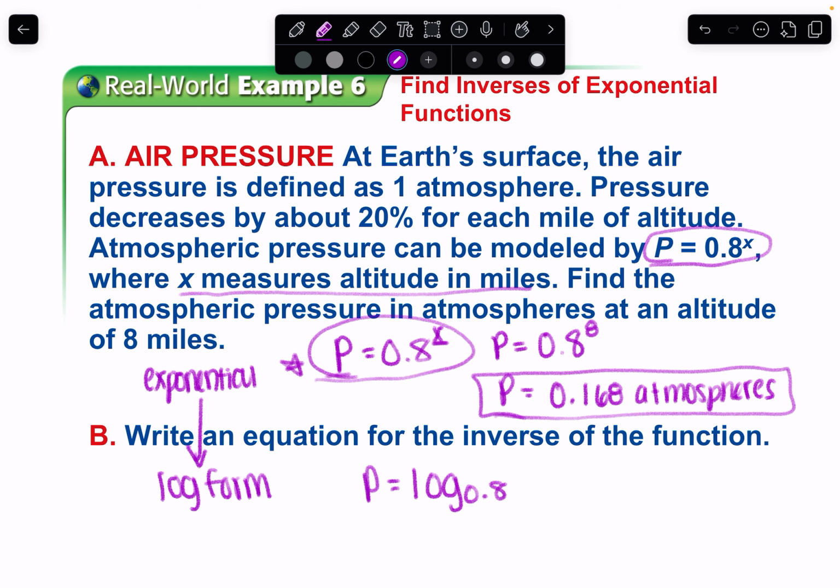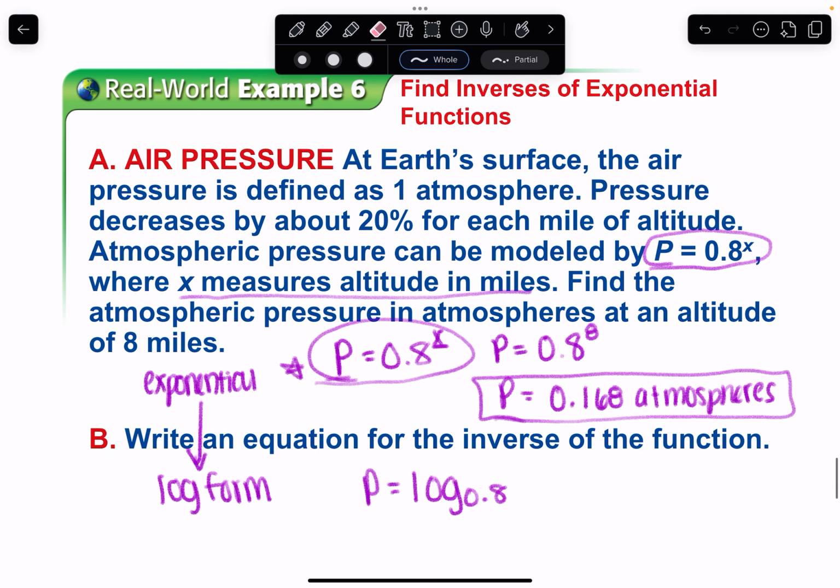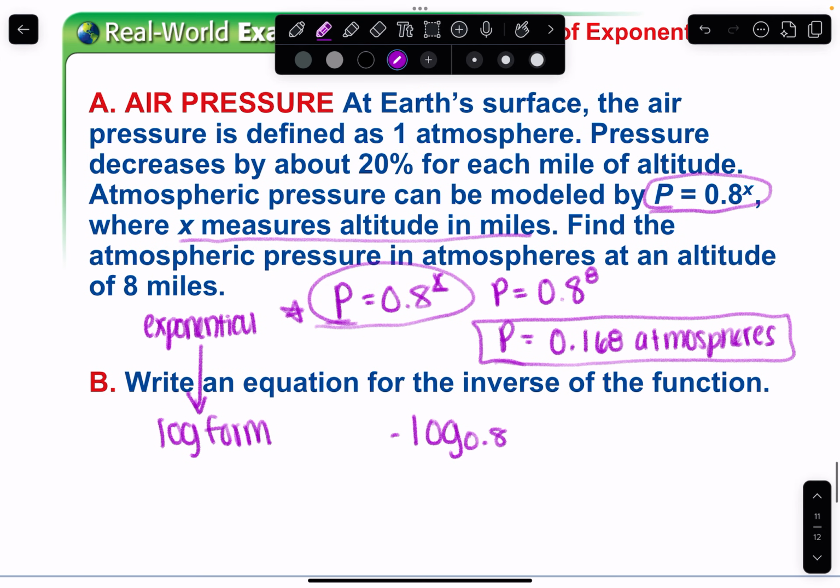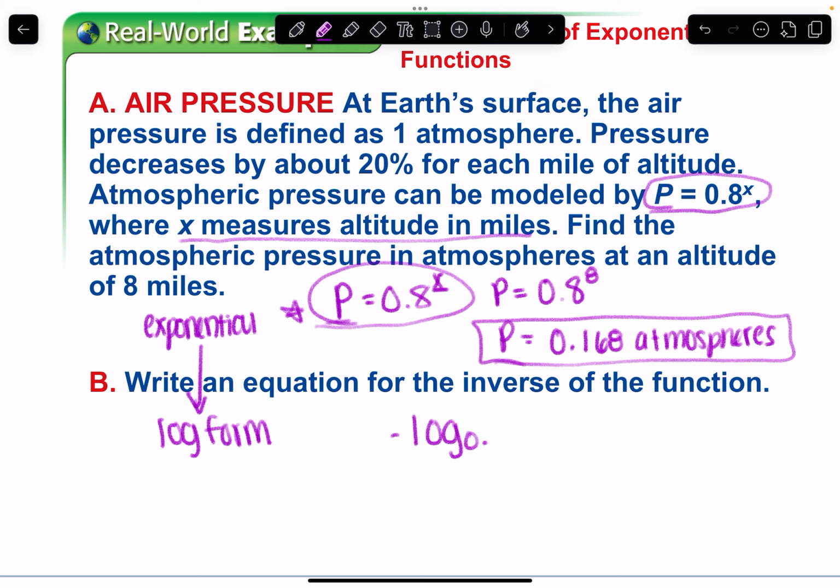I wrote the P in the wrong place. So your x would be here, you would have log, your 0.8 that was your base is going to become your subscript, and then the P would move here.